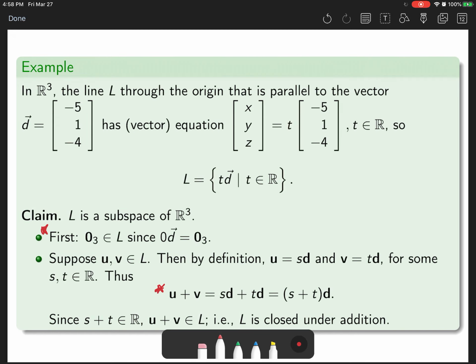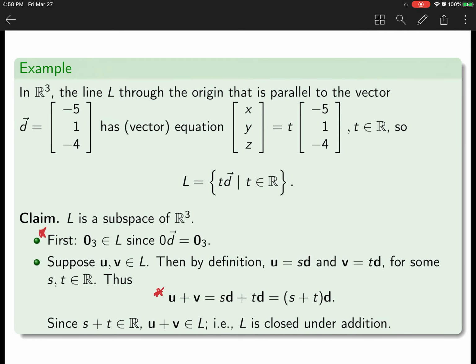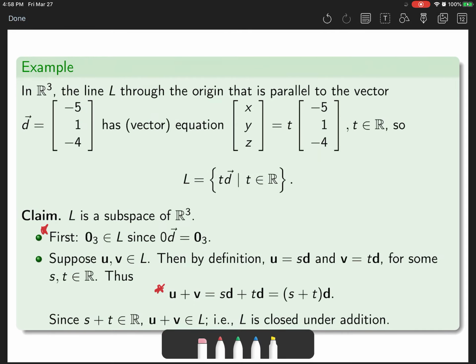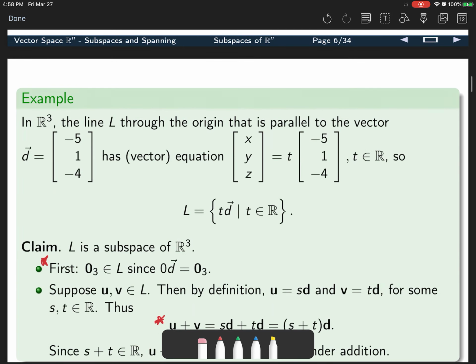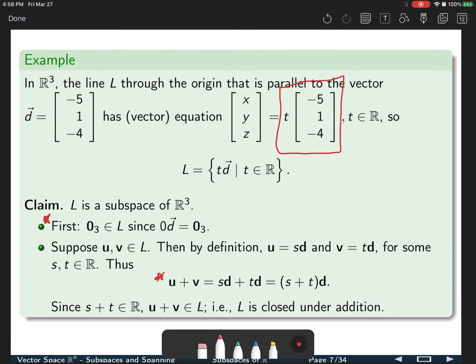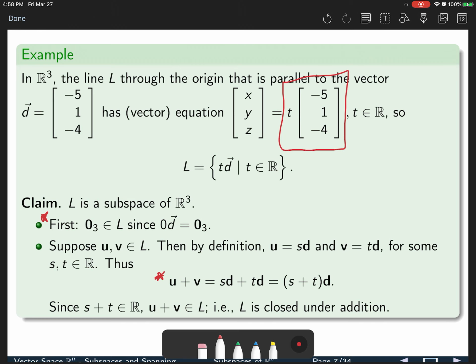And probably on the next slide, it's scalar multiplication. But yeah, if you've got a space that is just based on multiples of one vector, here we go, multiples of this vector, whenever you add vectors that look like that together, you stay on the same line.